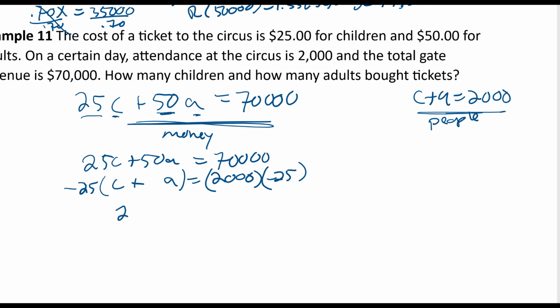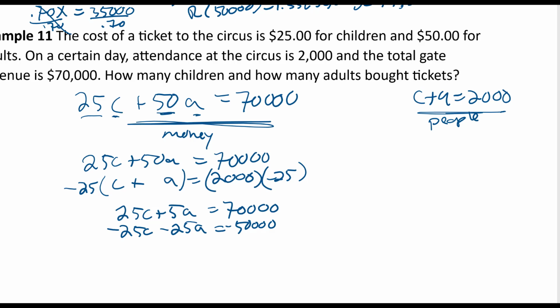And I'd have 25C plus 50A equals 70,000. Negative 25C minus 25A equals, and I think that's 50,000. Negative 50,000.